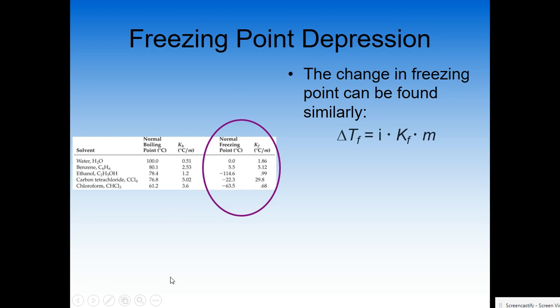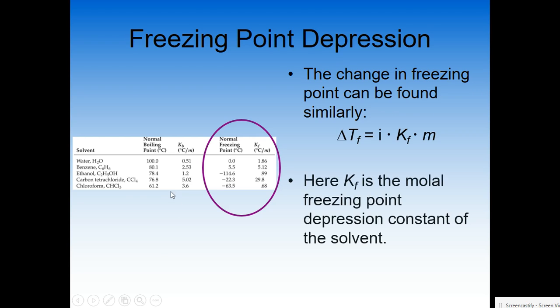On the bottom of your solubility curve, you should notice that there's a table with the boiling points of different solvents. We have water, benzene, ethanol, carbon tetrachloride, and chloroform in this table here. And then we have what's called the boiling point constant, and then the freezing point and the freezing point constant.